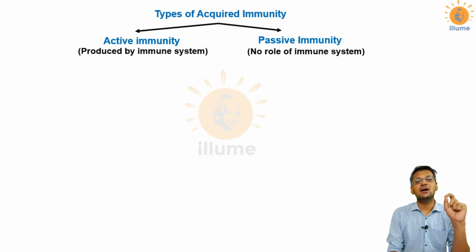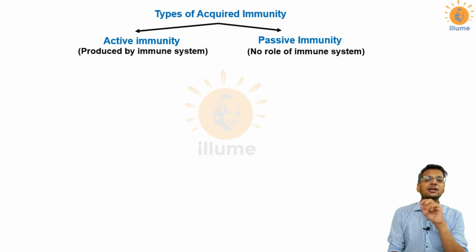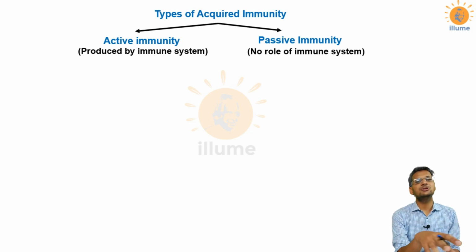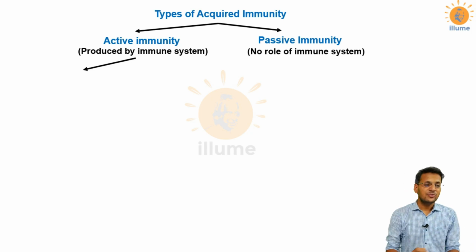It would be just a gift to your body. Your body is not doing anything for this, it is being gifted. If immune products are gifted to your body, then that comes under passive immunity. And if your body itself produces those immune components, then it is called active immunity.